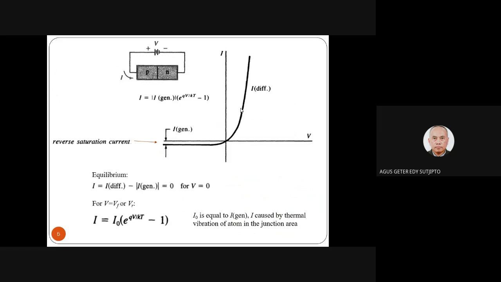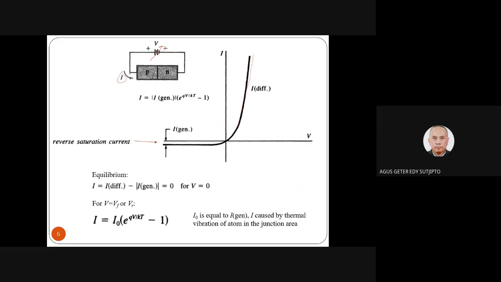Now, if we plot the VI, voltage versus current, in the forward bias, like in this illustration, increasing the V will cause current to flow in the circuit.